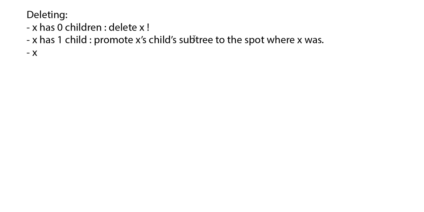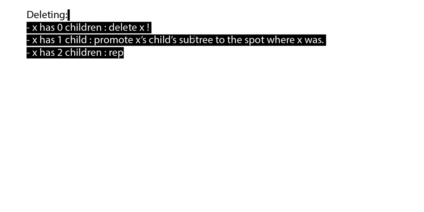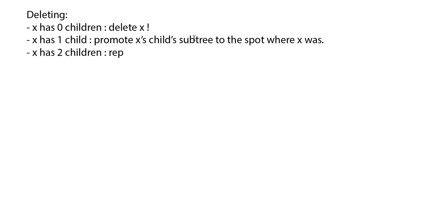So that's that. Now what about, what if X has 2 children? So this is sort of the tricky part. Well, I say it's tricky, but it's actually not that tricky. We just have to consider 3 scenarios.